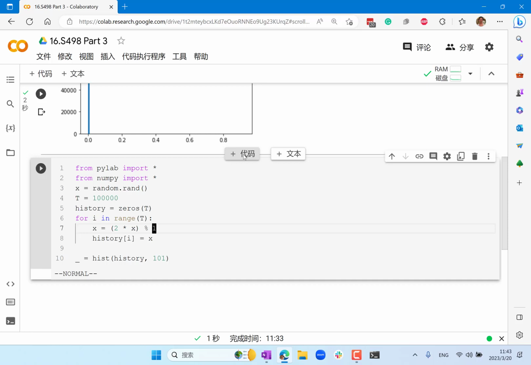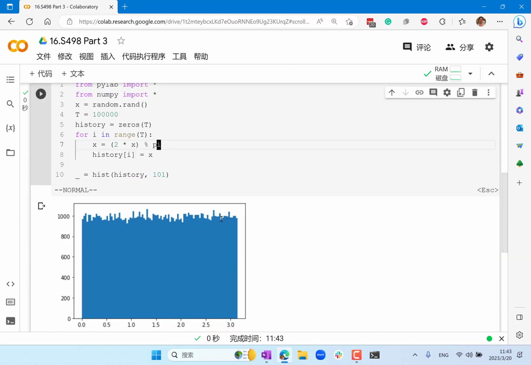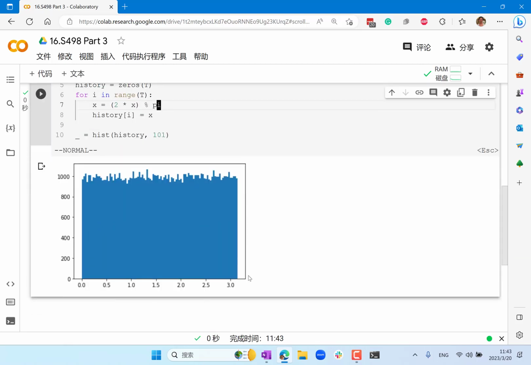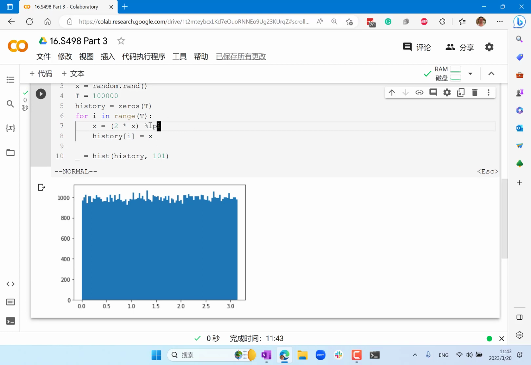So instead of modulus 1, we use modulus pi, and let's look at how that looks. Well, we do get something pretty close to a uniform distribution between 0 and pi, right? So we basically want to avoid any rational numbers as the upper end of this distribution.